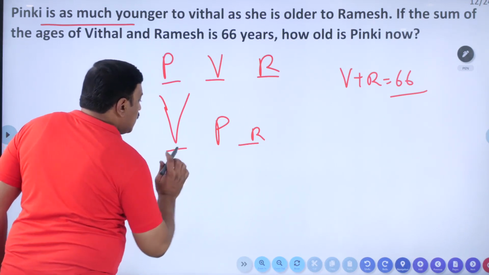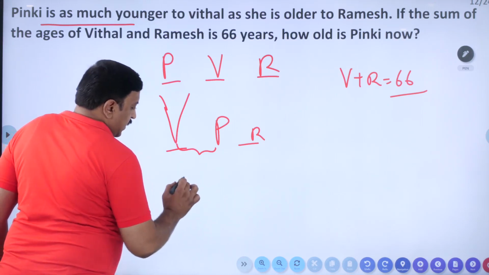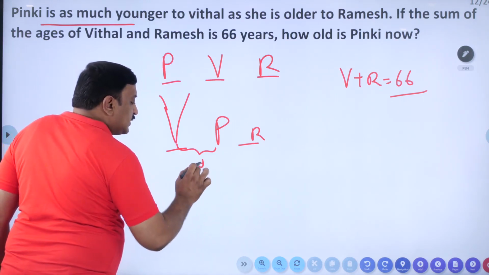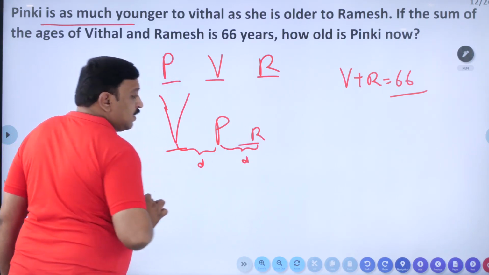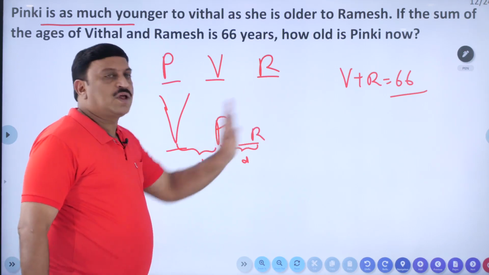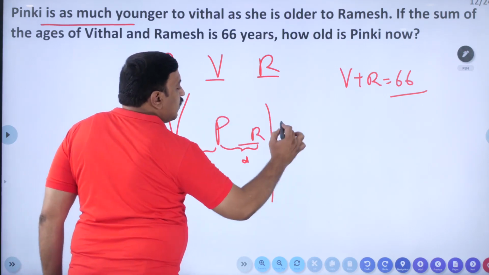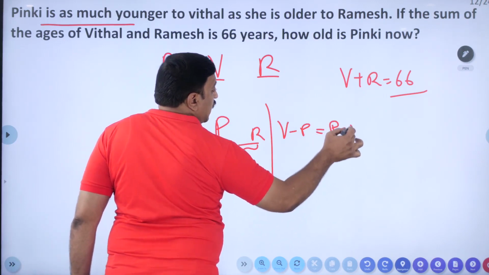I repeat once again. The difference between Vittal and Pinky, say suppose D, the same D is there between Pinky and Ramesh. That means V minus P is equal to P minus R.